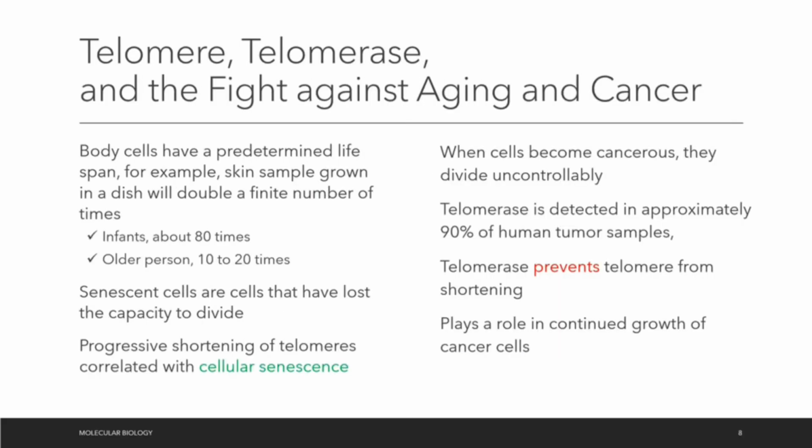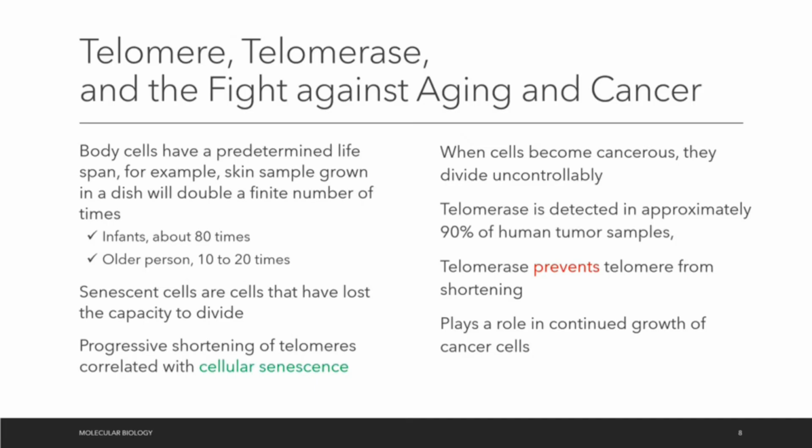So as I explained earlier, the telomere sequence is sort of indicative of the age of a cell and eventually the age of an organism as well. So the telomere and telomerase has been central to a lot of research regarding aging, and the aging process.